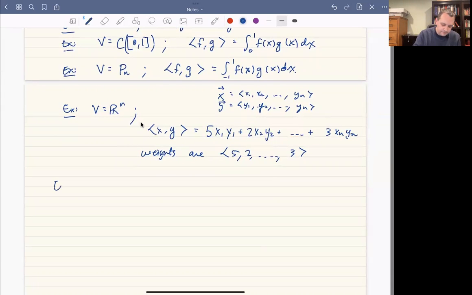You can talk about the vector space of n by n matrices. And here your vectors are matrices themselves.